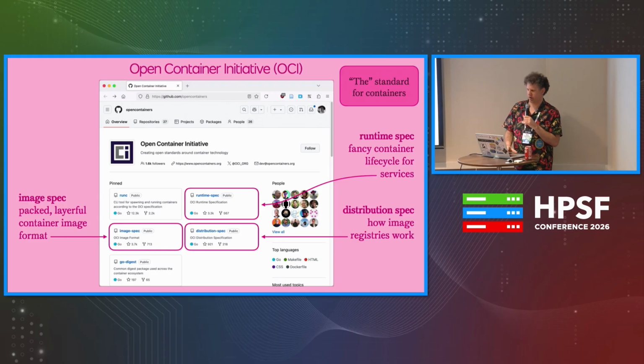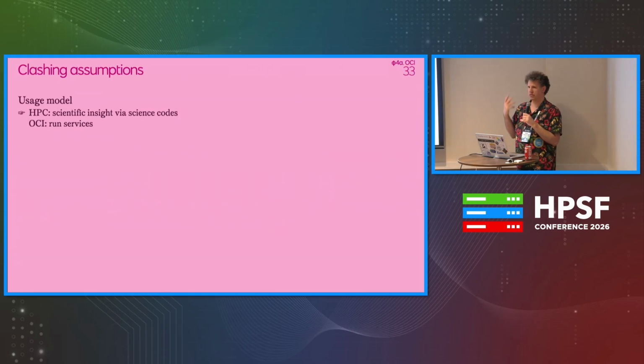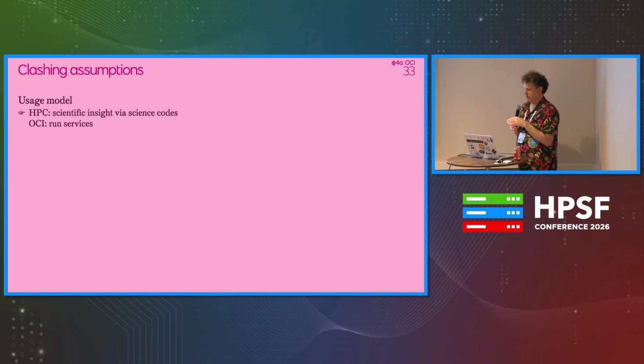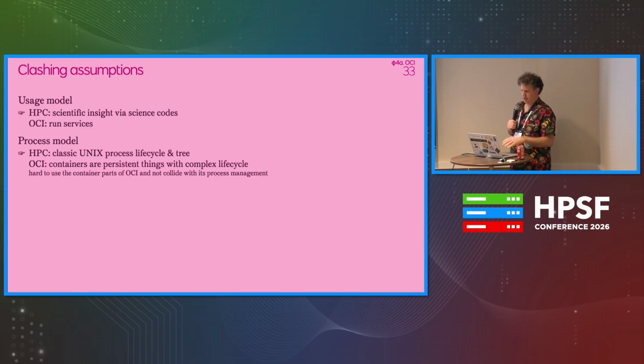So, do I like OCI? The short answer is no, and I'll explain a little bit about that. Some of that comes from clashing assumptions, like I talked about earlier. We have this usage model: HPC is looking for scientific insight, while OCI is designed to run services. The process model is also different.